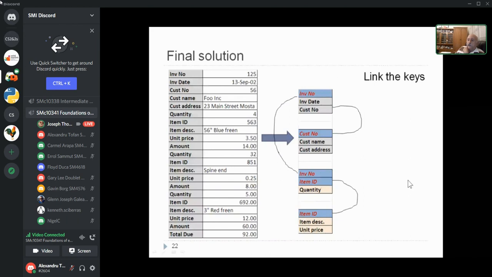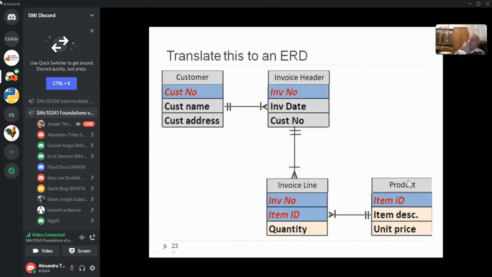In fact, if we had to draw an entity relationship diagram, it would be our customer, invoice header, invoice line, product. This is very similar to the order that we did when we did the entity relationship diagram. Instead of having an order and an order line, we have an invoice header and an invoice line.